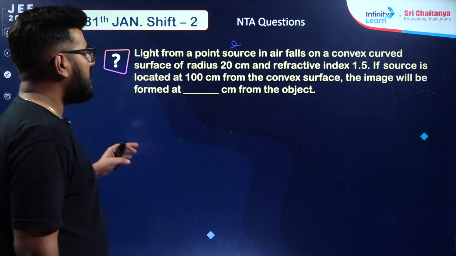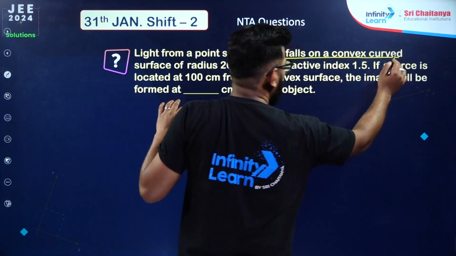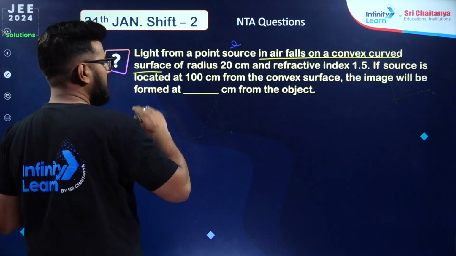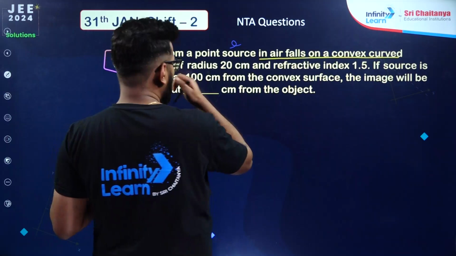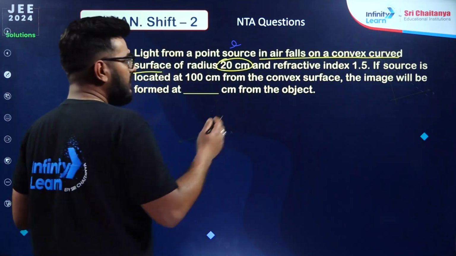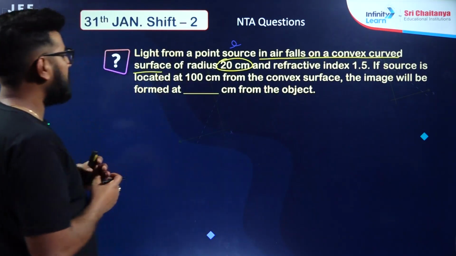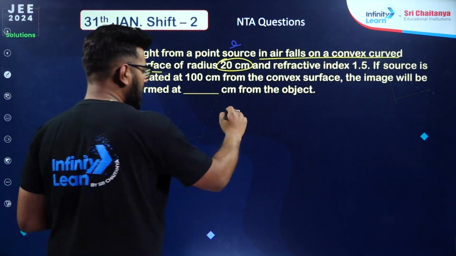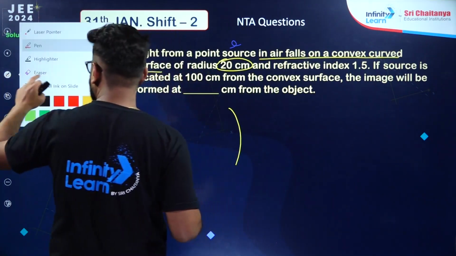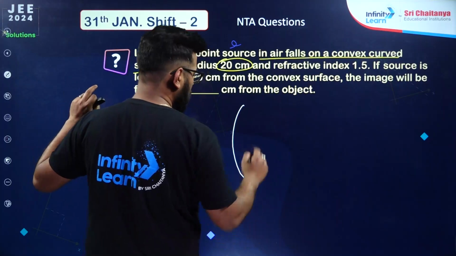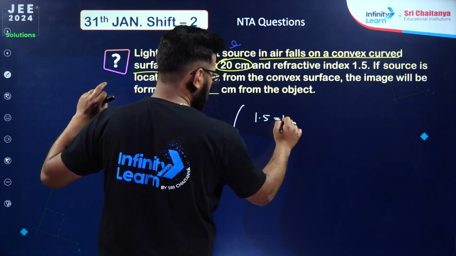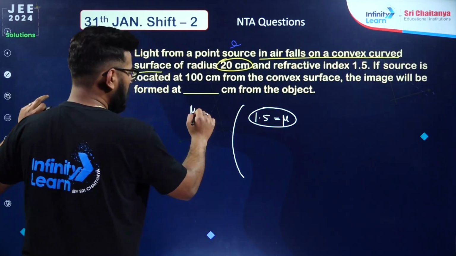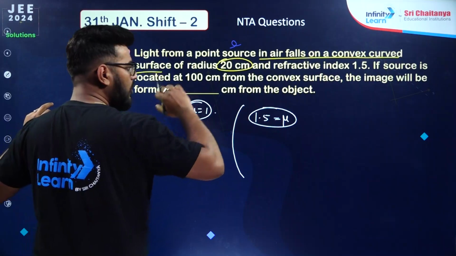Light from a point source in air falls on a convex curved surface of radius 20 centimeter and refractive index 1.5. If the source is located 100 centimeter from the convex surface, the image will be formed at. So this is basically refraction at a curved surface. Over here the mu is 1.5, and over here the mu is 1, and the object distance is given.